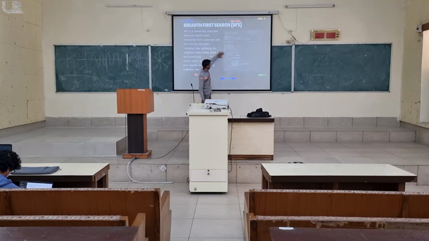This is what we're doing in the algorithm: unless the queue is empty, take the first node, remove it from the queue, visit all the nodes of that node that are not already visited, and push them into the queue. Mark them as visited also. You can mark them visited here also, it will be the same.